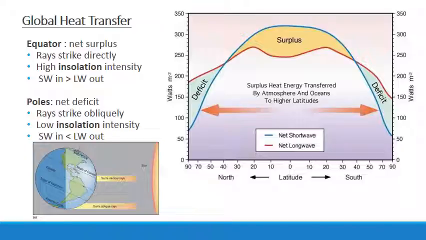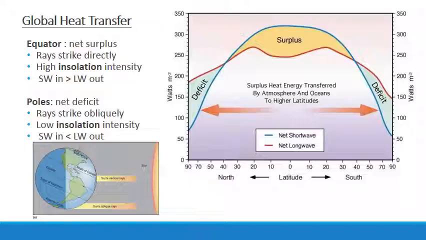When we talk about Earth's heat balance, though, we're really talking about the budget of how much heat comes in, how much heat leaves, and how much is retained in the planet. So when the energy balance at different latitudes is compared, it's possible to see regions of a net surplus and a net deficit.